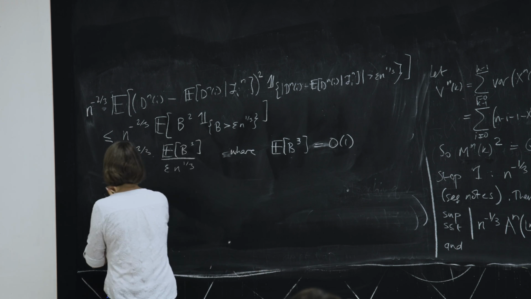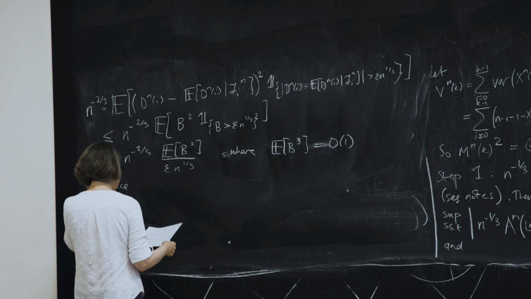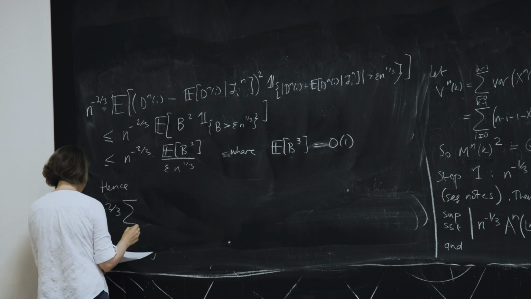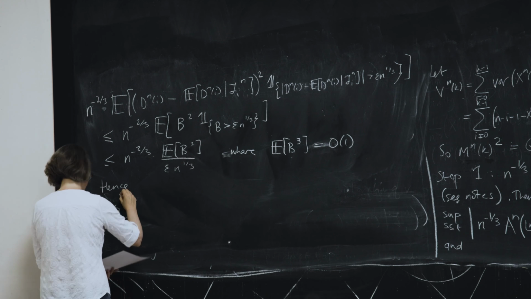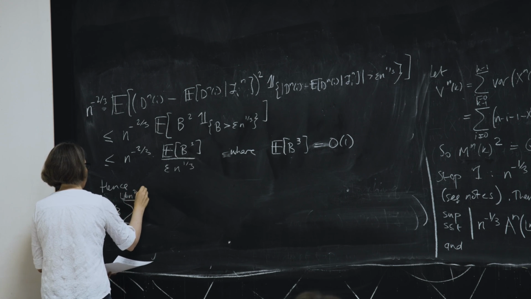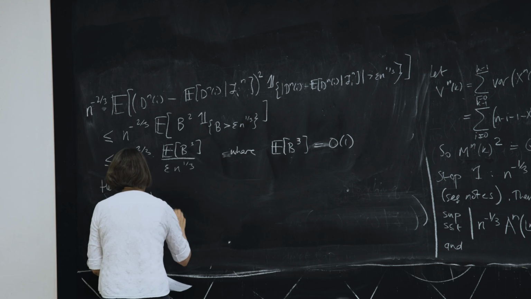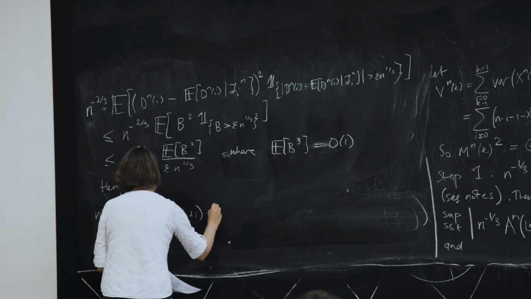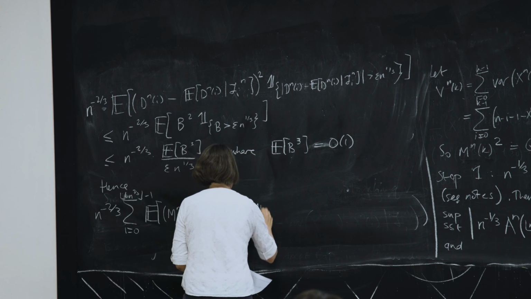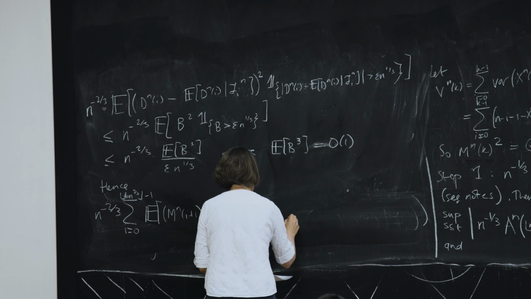Okay. So hence, if I think about summing up over all the steps of my martingale, the thing that we need to be sure goes to 0 is this quantity. So I've got t n to the 2/3 minus 1 times the expectation of my martingale step squared on the event where the step is big in magnitude.